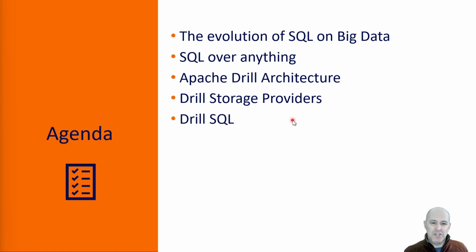We'll talk about the nuances and idiosyncrasies of Drill SQL. And then we will close the books on Spark by looking at Spark SQL. And that will conclude our Spark journey, where we started with Spark over Hive. And then we looked at Spark's data frames, and then we'll finish with Spark SQL.